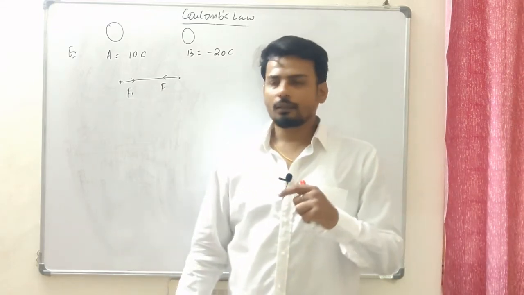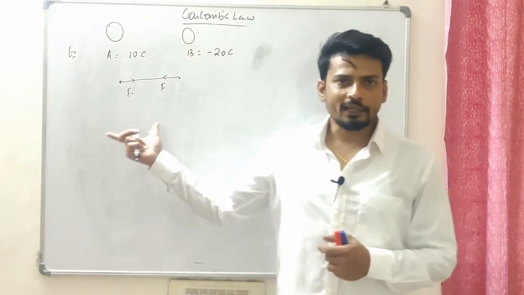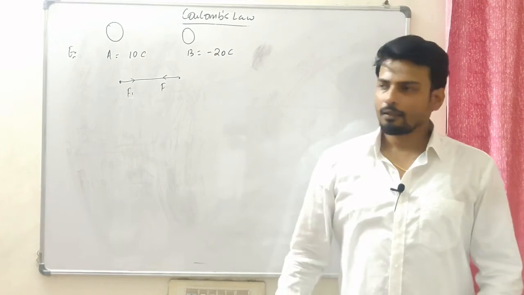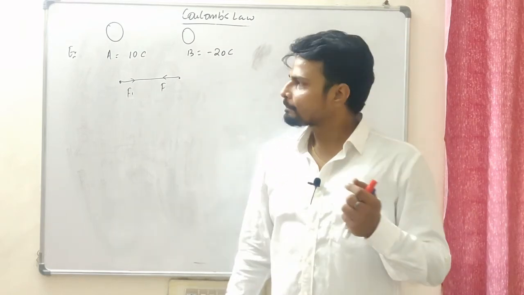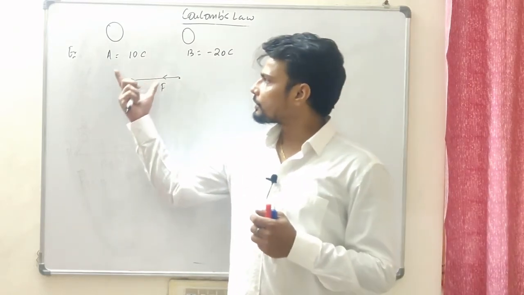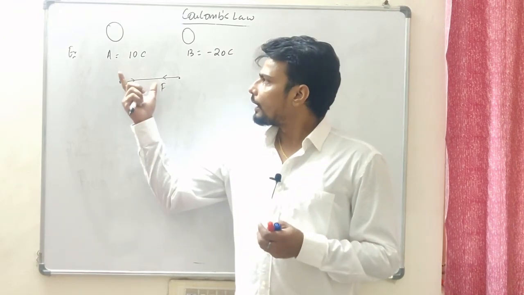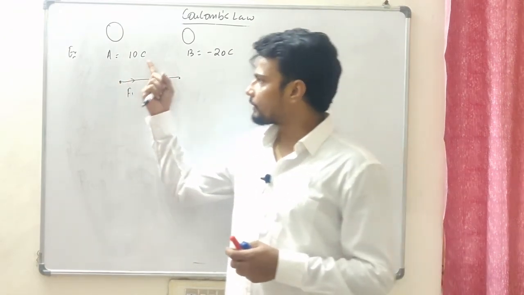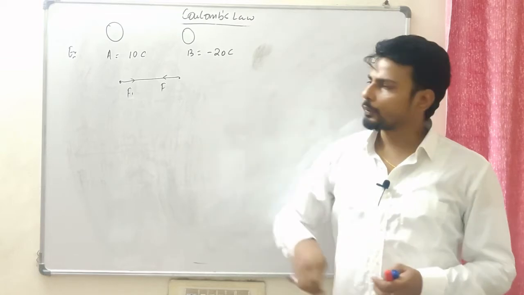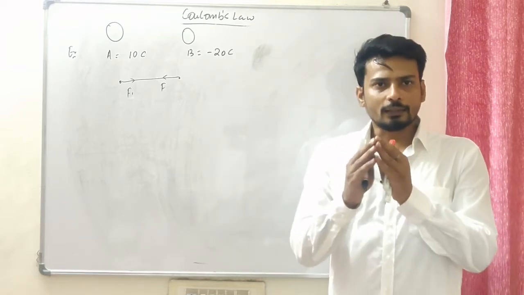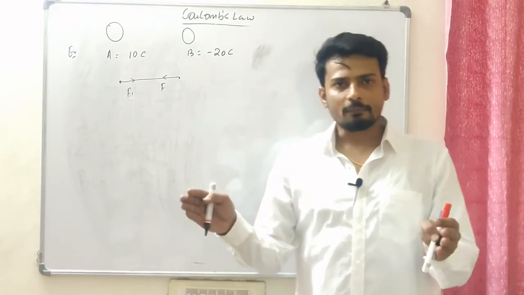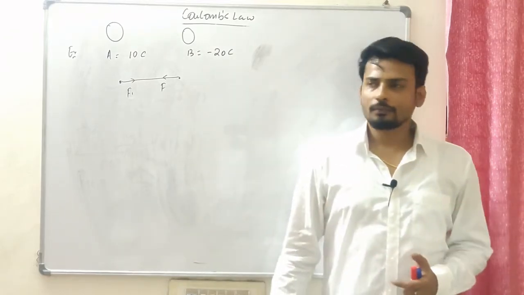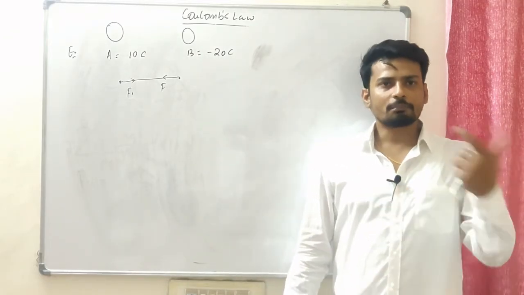Find the ratio of the forces before the contact and after contact. I'm not writing the question, you guys can understand this. If the two spherical bodies of the same size and the same material, of course, having charges of 10 coulomb and negative 20 coulomb, were brought in contact and then separated back to the same distance, find the ratio of the forces between these two bodies before and after.